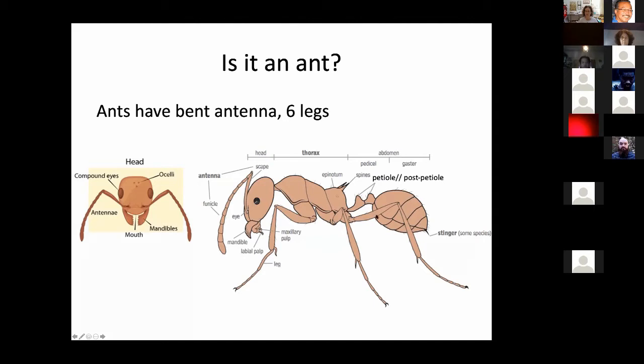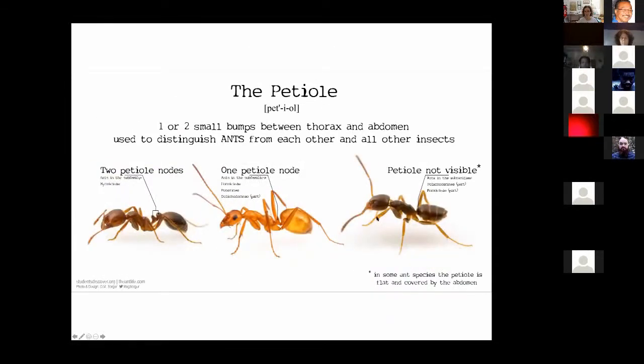These are useful for ID, because if you look at this slide, these are the three most common subfamilies. Ants are a family in the Hymenoptera order, which includes bees, wasps and ants. And in the ant family there are many subfamilies. These are the most common ones, and the easiest way to identify them is by looking at these little nodes here.